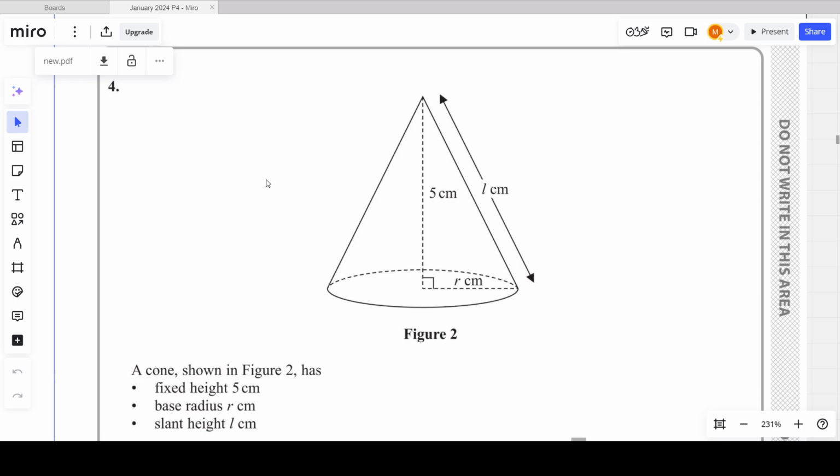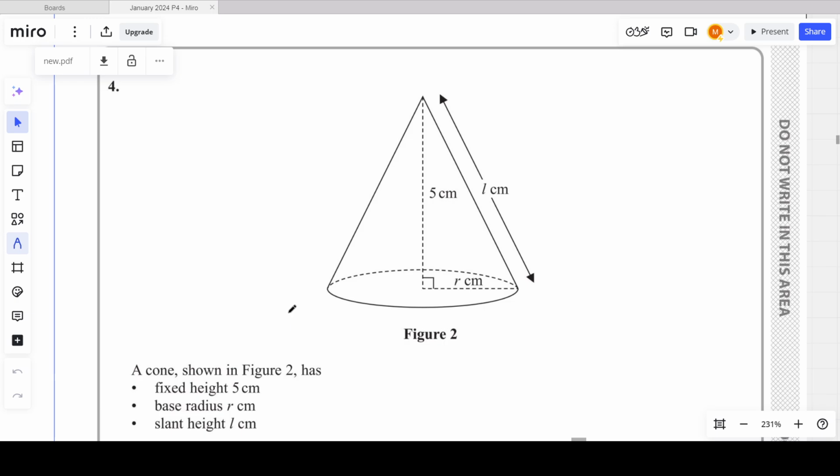Right at first you can see figure 2 on the screen. Basically there is a cone. A figure of a cone is given with slant height L, vertical height 5 centimeters, and base radius R centimeters. Let's see what they say here.